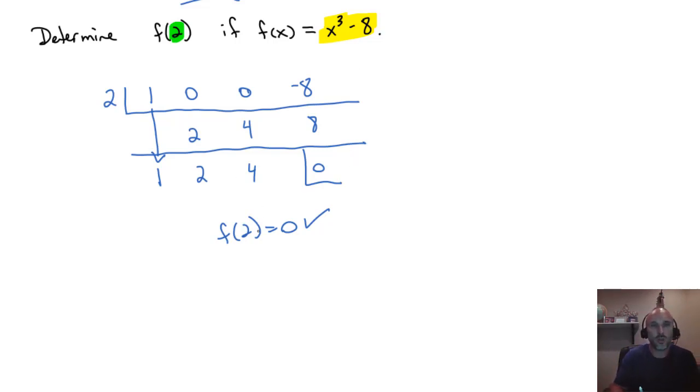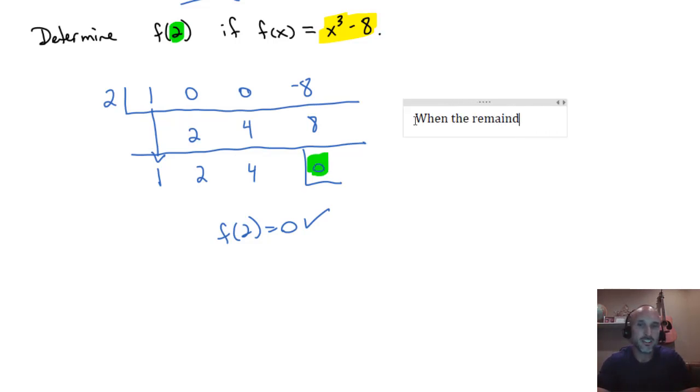But what I want to point out here is there's something special that happens when you get a remainder of 0. Okay, when the remainder is 0, the input is a 0.